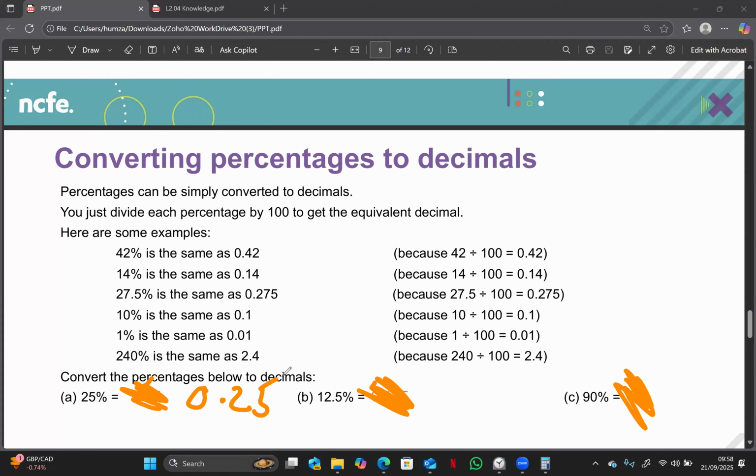Percent we want to divide, decimal we want to times. Remember, you can use your calculator for these, so make the most of it. So what's 12.5 over 100? What is it in decimal? Check it on your calculator. 12.5 over 100. Yes.